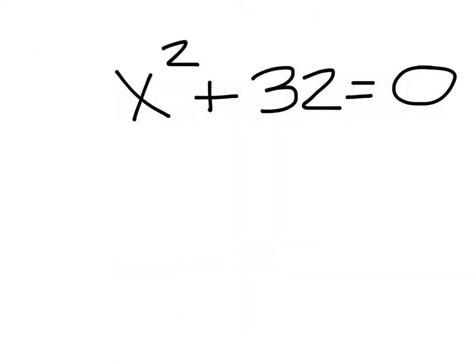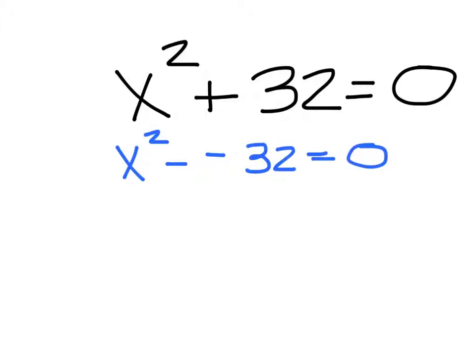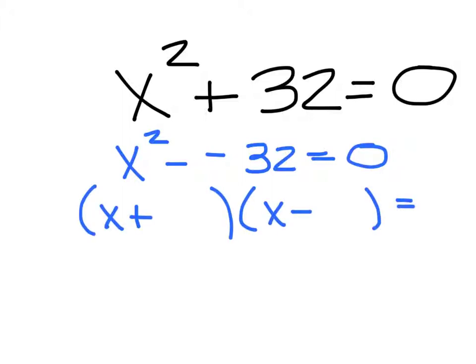What do I do first on this one? Yeah, make it minus a negative. What do I do next? X plus and X minus. And what do I fill in there?